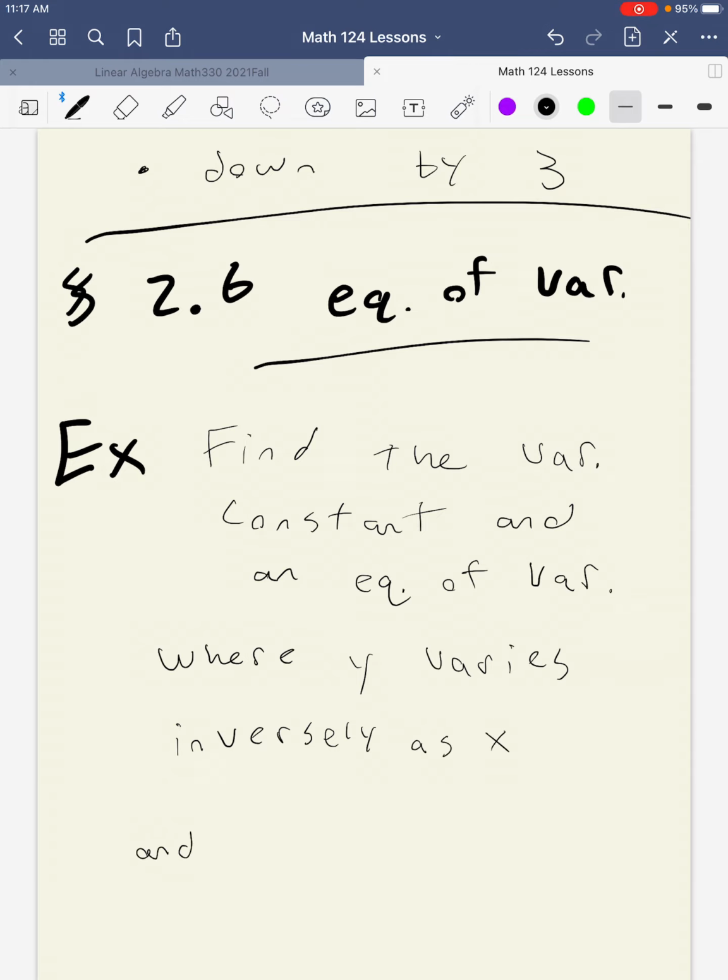Okay, and then we're given the condition y equals 7 and x equals 5.